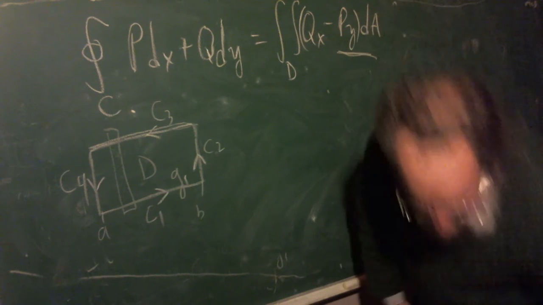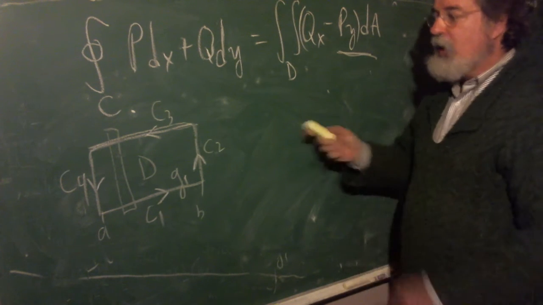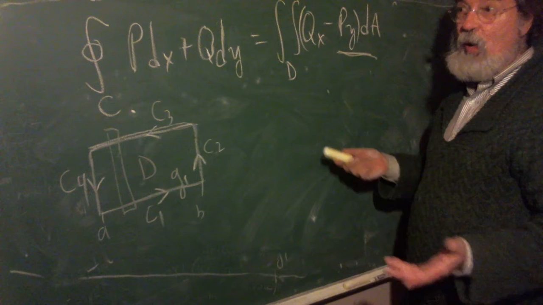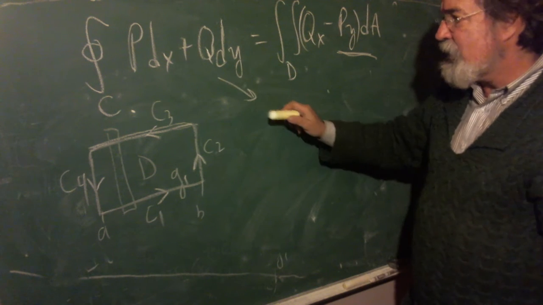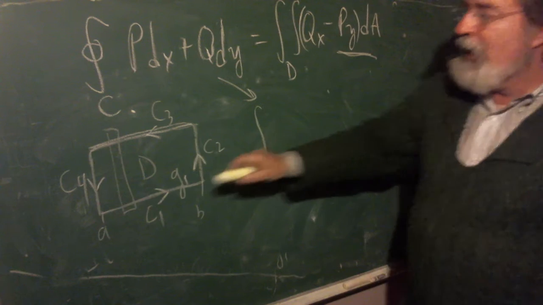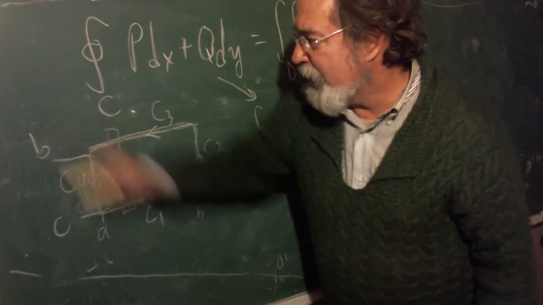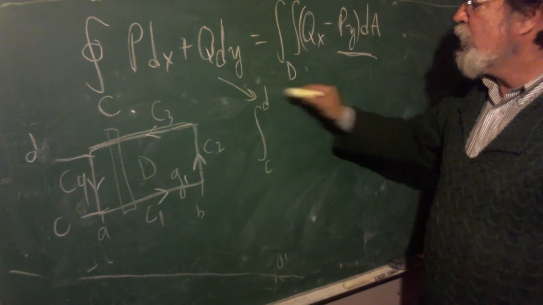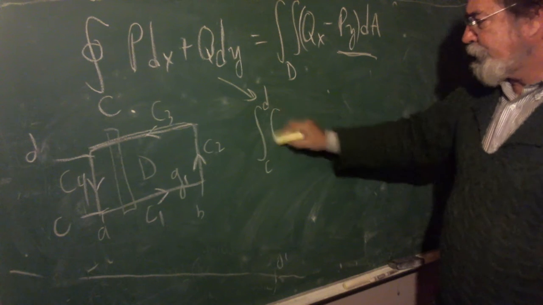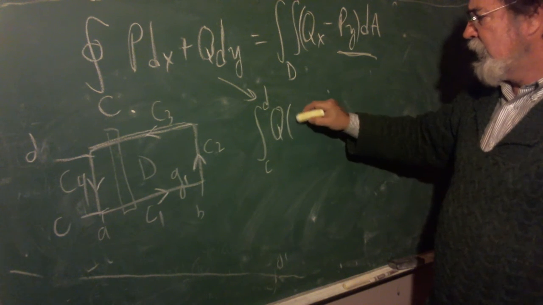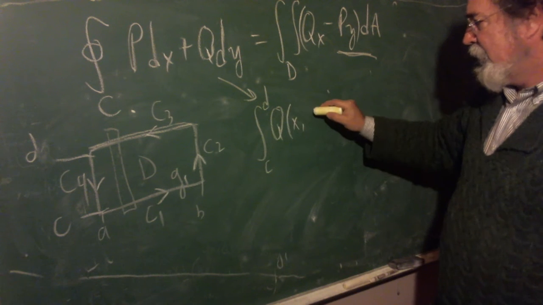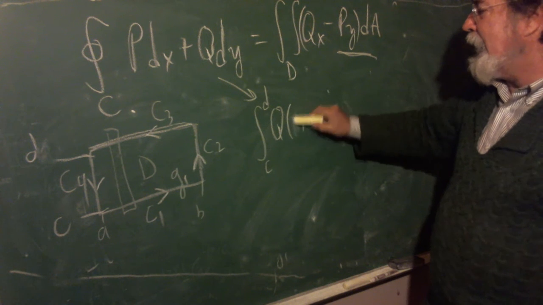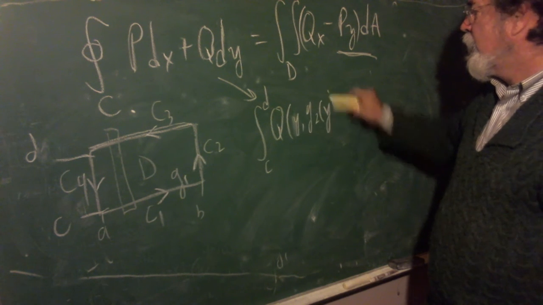Isn't that weird? And that's why there's a minus sign in Green's theorem. It's because in one direction we do dy dx in the proof. The other one we do dx dy, and it turns out the dx dy doesn't need the extra minus sign. So when you do the Q piece, you're going to have, let's say, from C to D. You're going to have Q of x, G2, but it's really G2 of y, because x doesn't change.